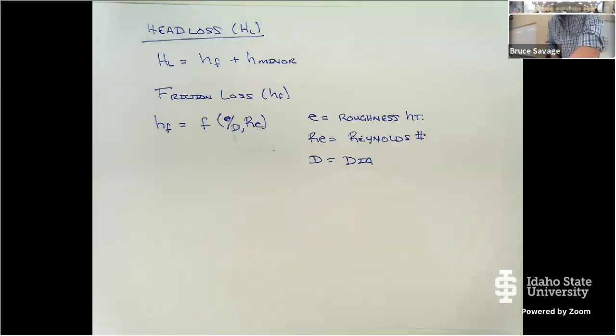One of these equations that came out was called the Hazen-Williams equation. The Hazen-Williams equation is a little bit different than what you're used to. I'm going to show you this equation, and it's important that you know how to use it because it's still being used today, especially by old timers.